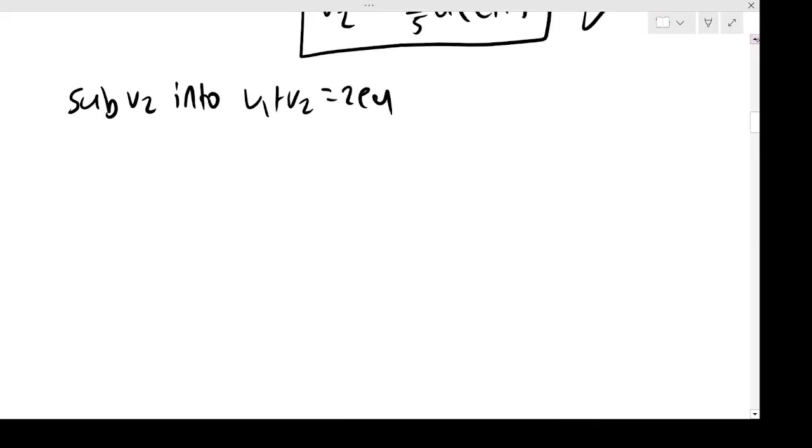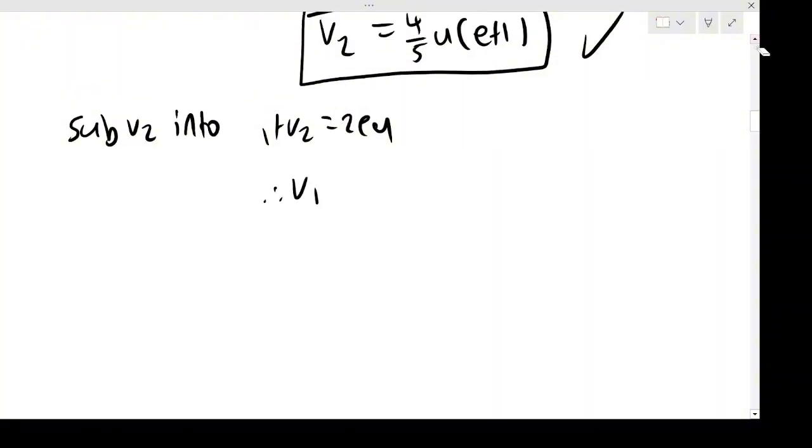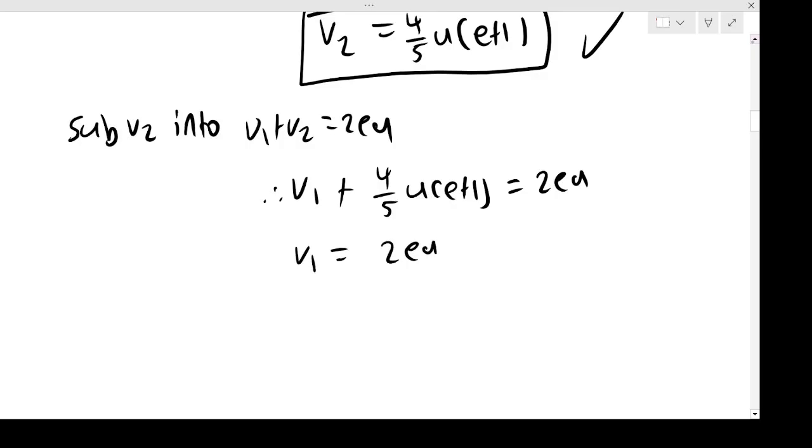And so then I get that V1 add V2, which is 4 over 5U lots of E plus 1, is going to be 2EU. Then I can just get V1 if I subtract the 4/5 U of E plus 1. I get this.